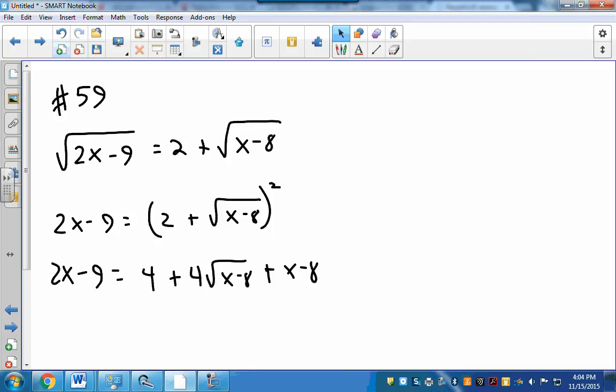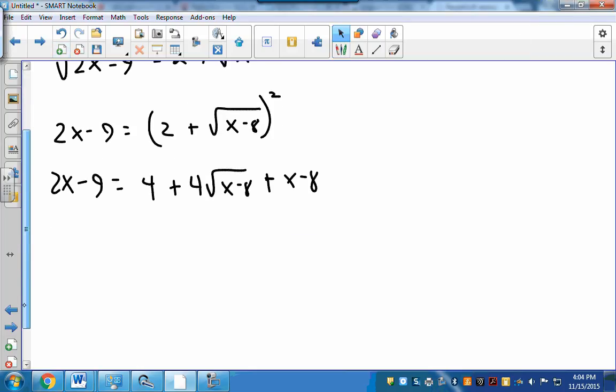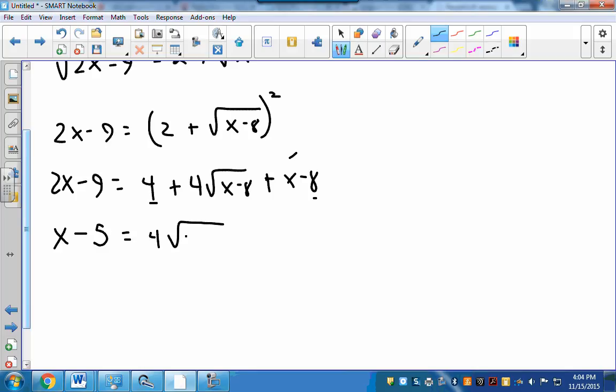Okay, so let's clean up and combine terms if we can. Let's see, I'll take this x and move it across. That gives me 1x. 4 minus 8 is negative 4. Add that to both sides, so that's minus 5. And that's 4 square roots of x minus 8.